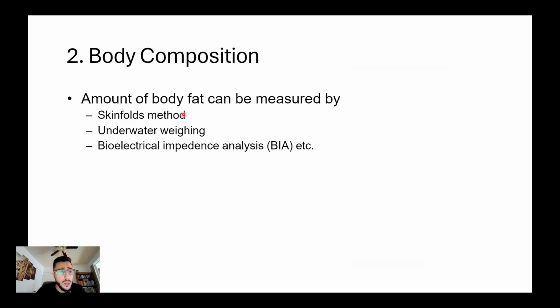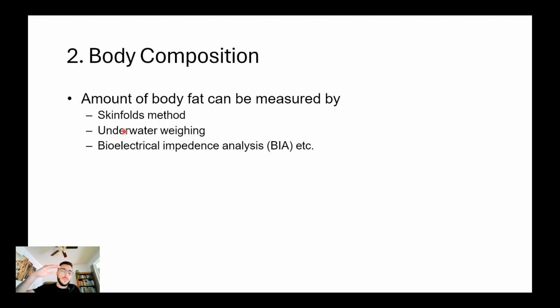Body composition, there are 3 ways to measure this. You can use the skin fold method, which is just folding the skin right here on your rib cage and then measuring the size of that, and that gives you an idea of the body fat percentage, because obviously if you have more body fat, then you'll have more skin fold. You can also do underwater weighing, and this is usually done for competitions or for training for athletes.